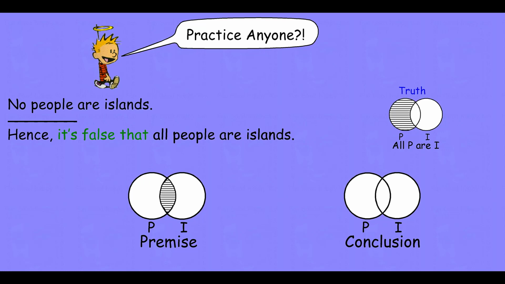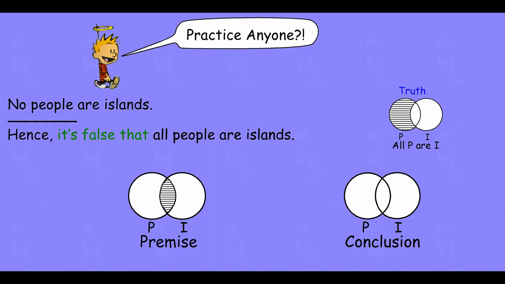All people are islands. My conclusion is a negation of that. It says that embedded standard form categorical statement is false. It's false that all people are islands. So to symbolize what minimally has to be true in order for "it's false that all people are islands" to be true, I have to make sure that "all people are islands" can't be true.